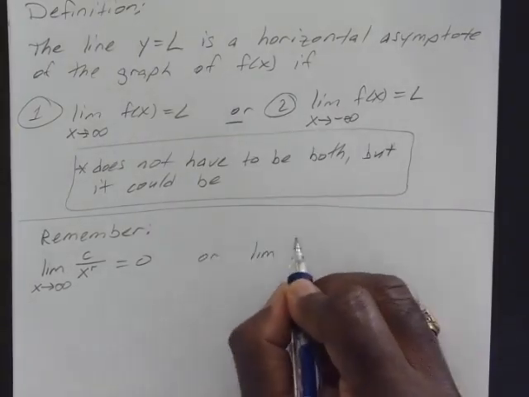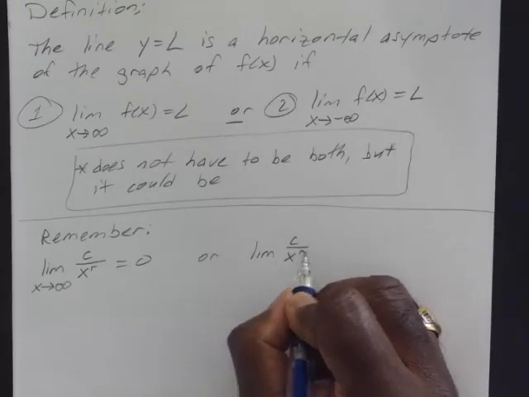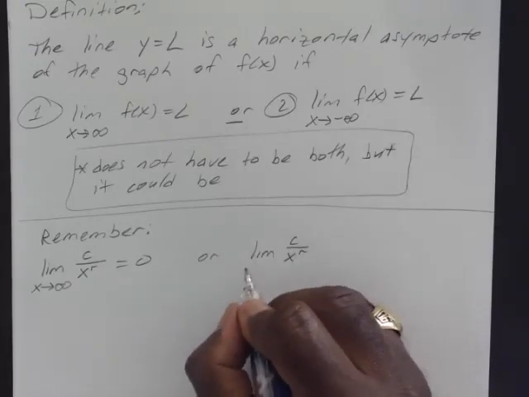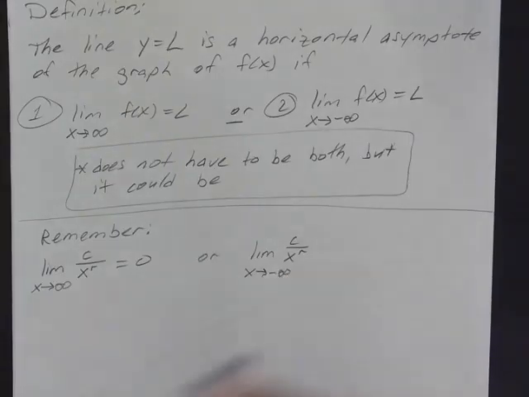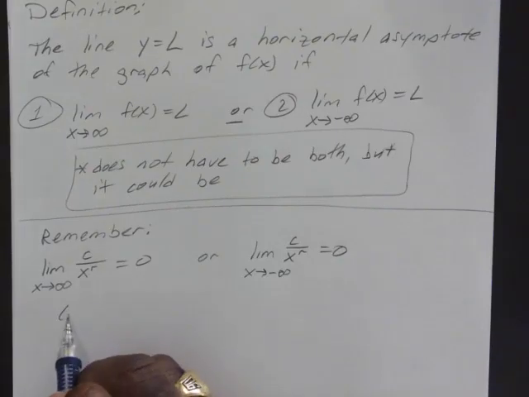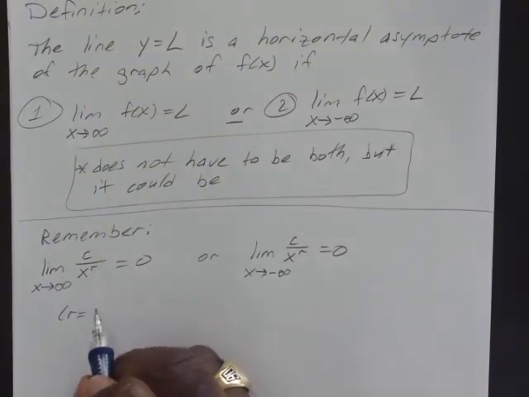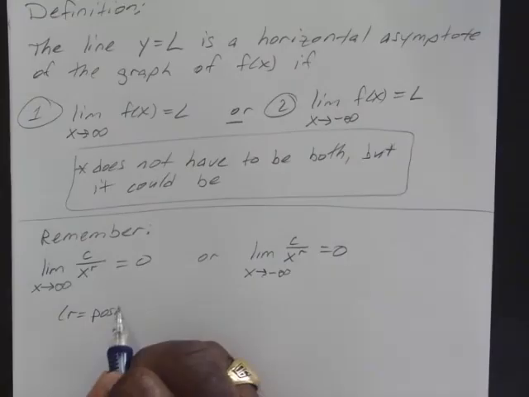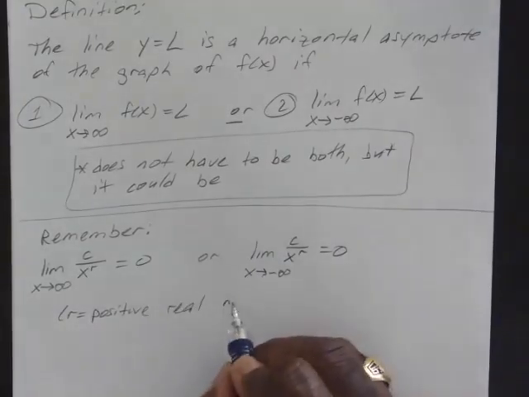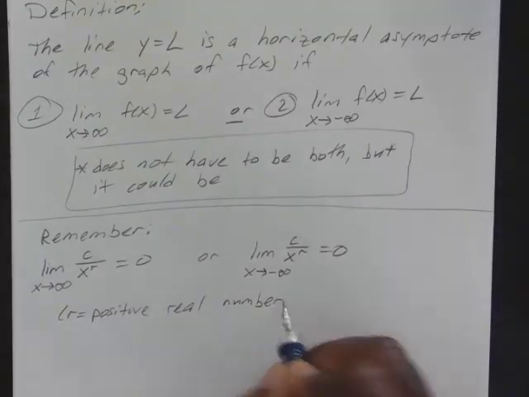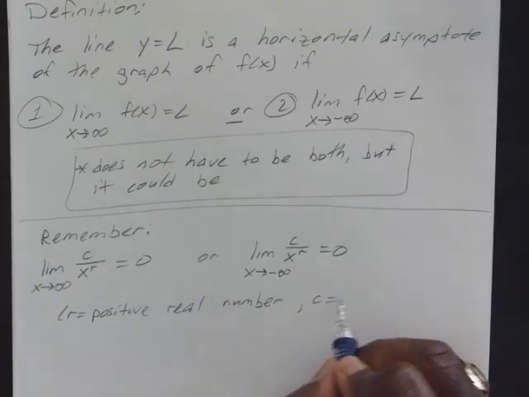Or the limit of some constant divided by some value that's approaching negative infinity is also going to be 0. So R is just a positive real number. And C is a constant.